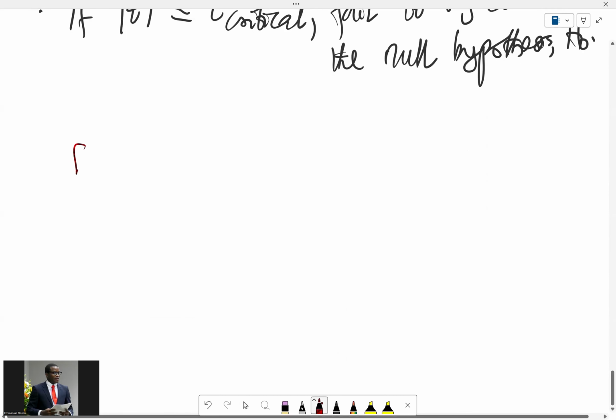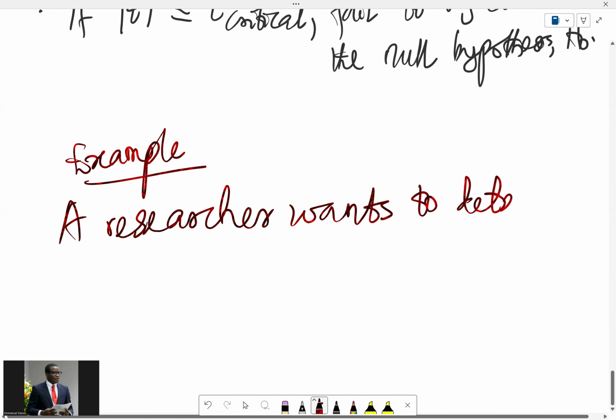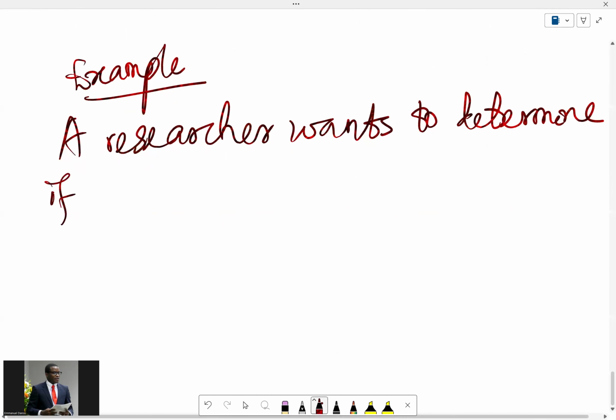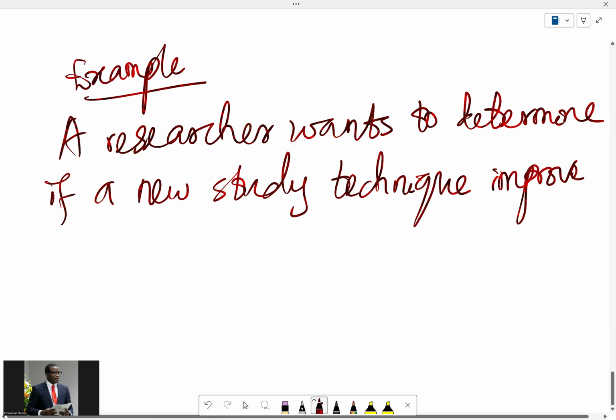Example: a researcher wants to determine if a new study technique improves test scores.